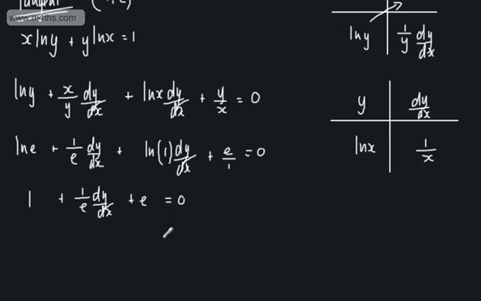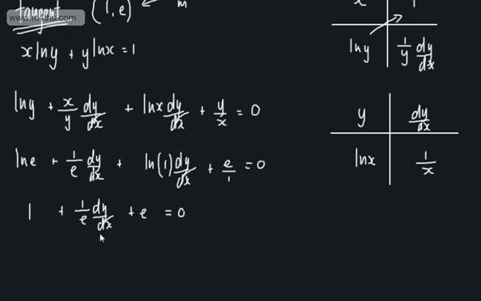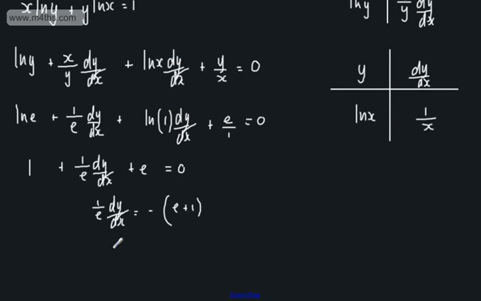So at this stage now, I can make dy by dx the subject and simply go ahead and find the gradient. So, just rearranging, 1 over e dy by dx will be equal to minus the quantity e plus 1. So from here we can say now that dy by dx will be equal to minus e, the quantity e plus 1.